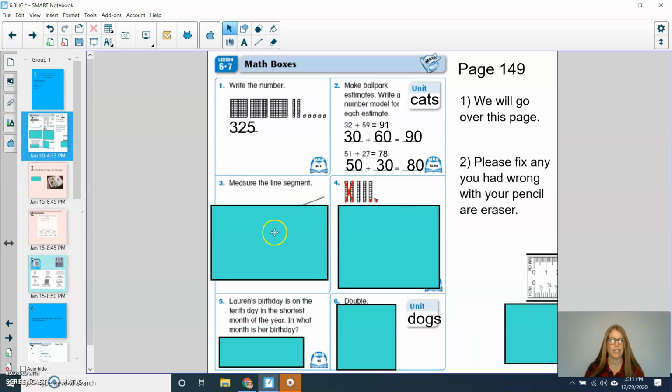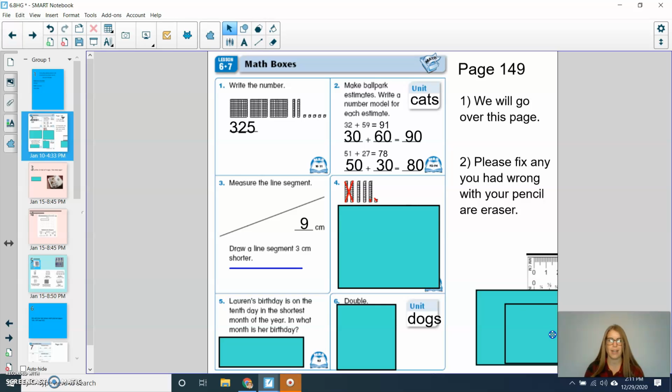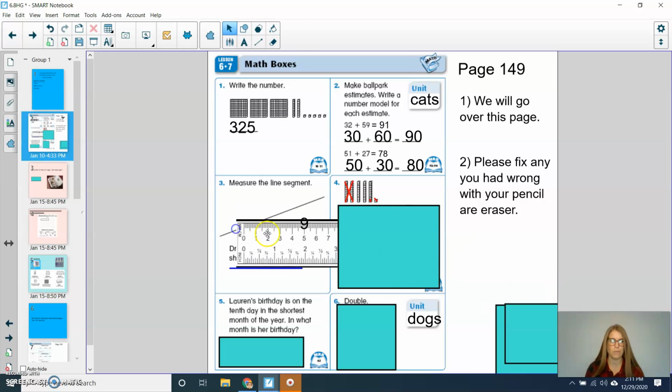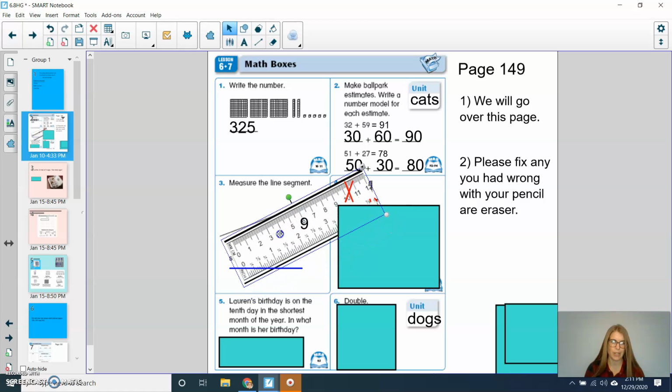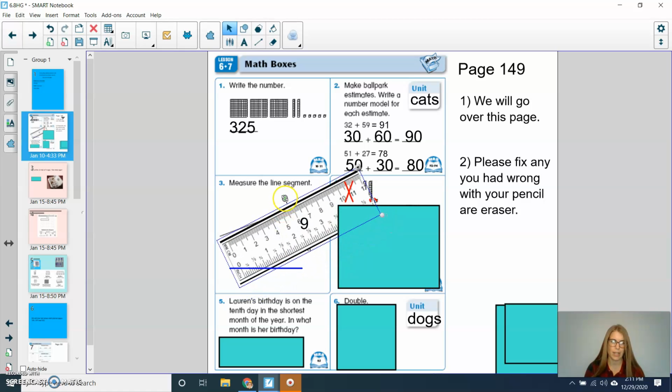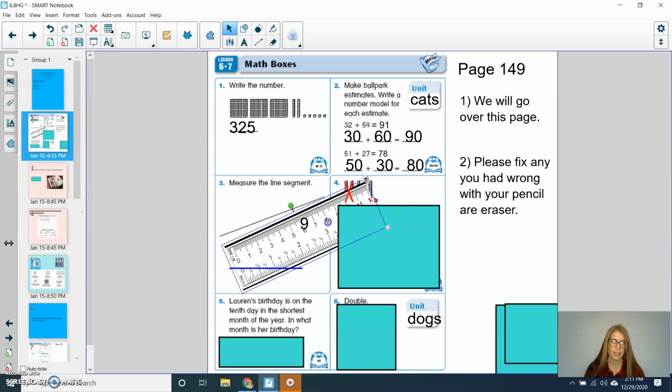For question 3, measure the line segment. I'm going to pull out my ruler and hopefully I can line that up nicely for you. I'm going to put my 0 on one end and I can see that it's right about 9 centimeters.